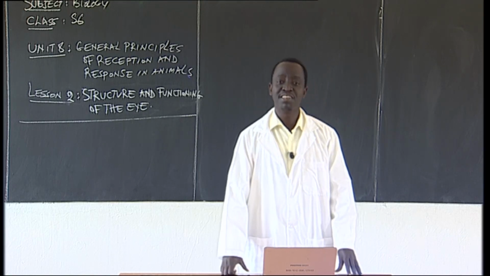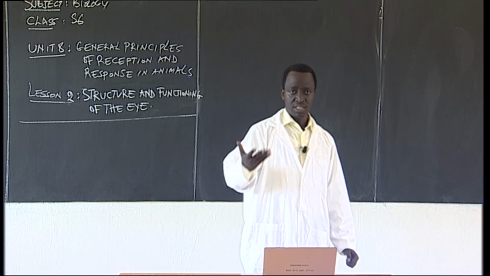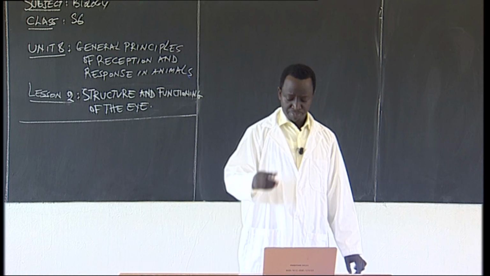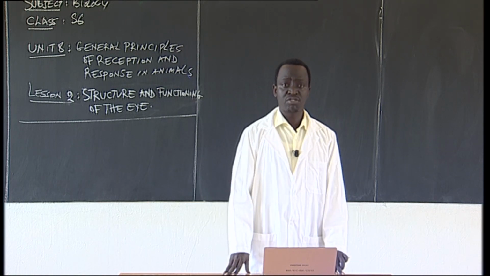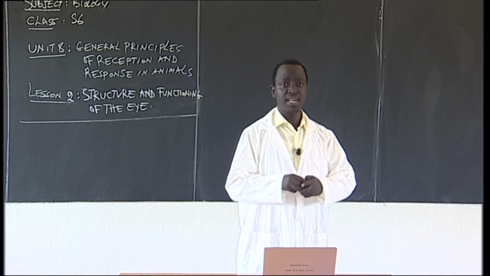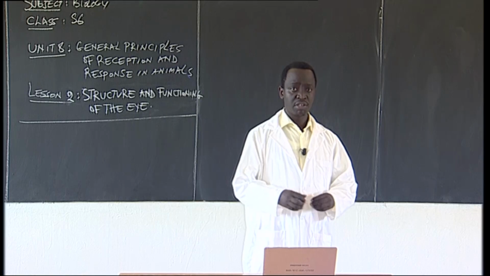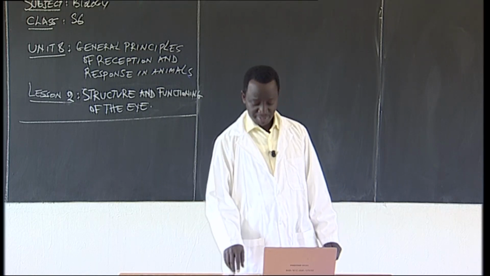You see, the brain is very important. It coordinates all those organs we are talking about. So the function of the eye is just to transform the light energy into the impulse that can be transferred to the nerve system. That's the eye.